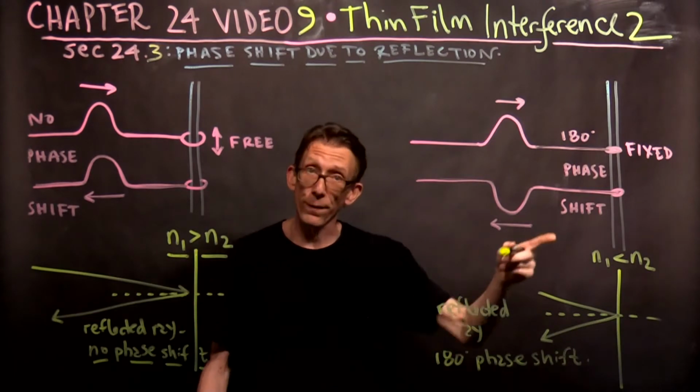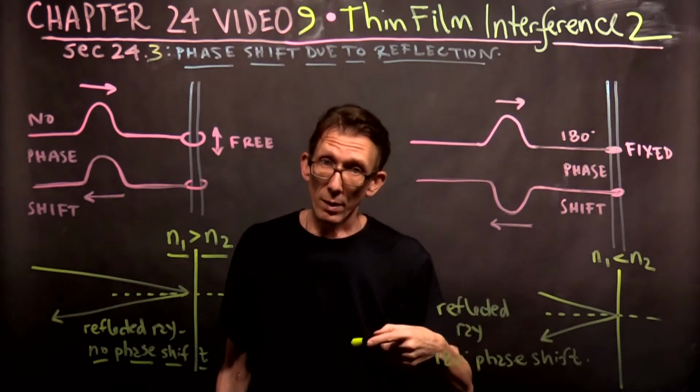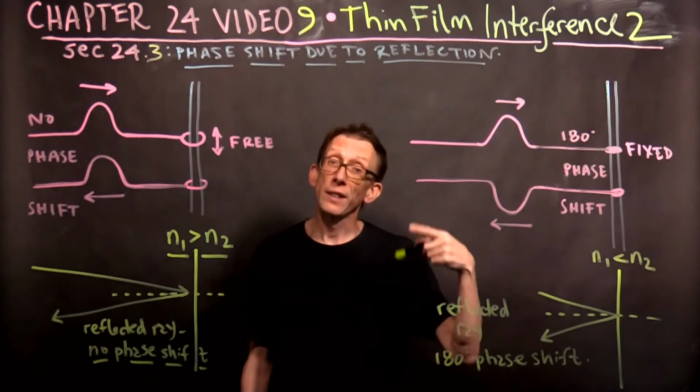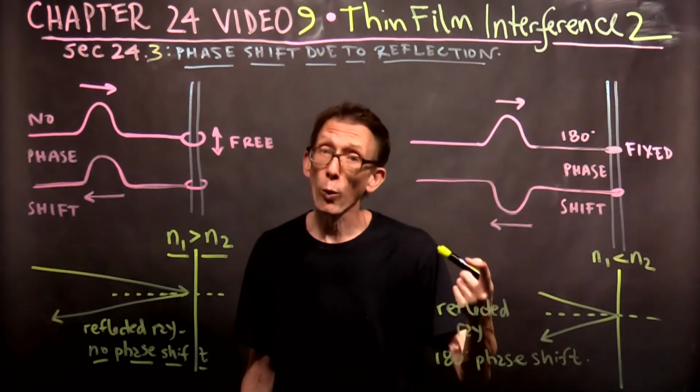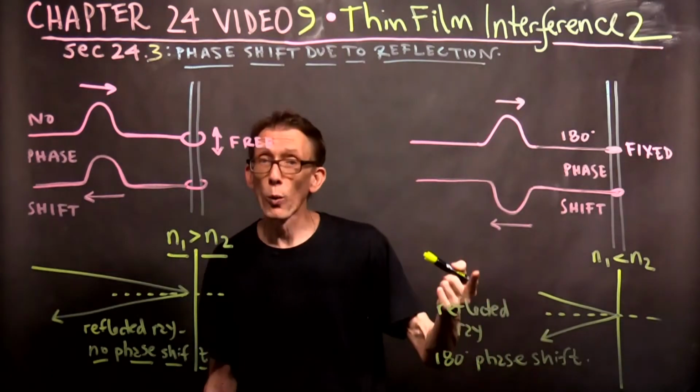So the light that gets reflected is inverted relative to the light that came in. Where there was a peak before, now there's a trough. Where there was a trough before, now there's a peak.